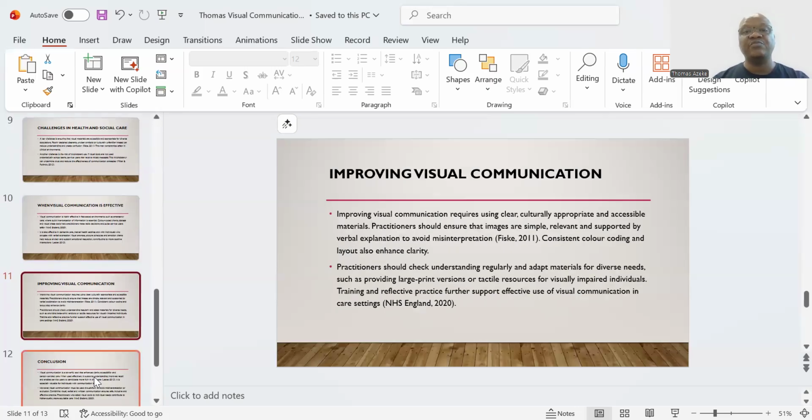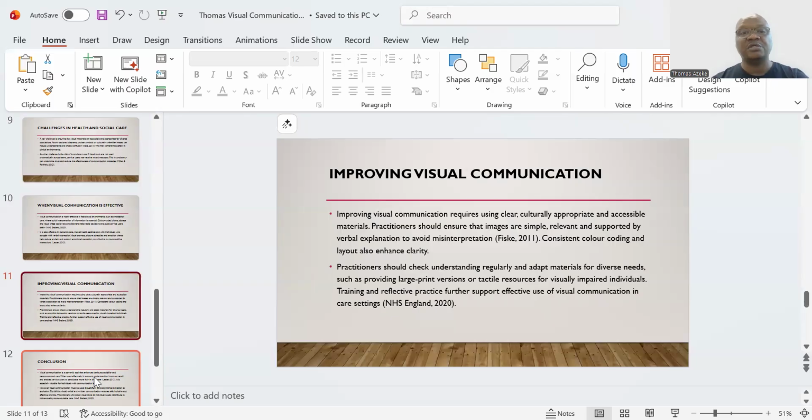Improving visual communication. Improving visual communication requires using clear, culturally appropriate, and accessible materials. Practitioners should also ensure that images are simple, relevant, and supported by verbal explanations to avoid misinterpretation.